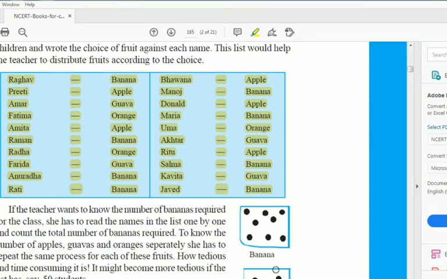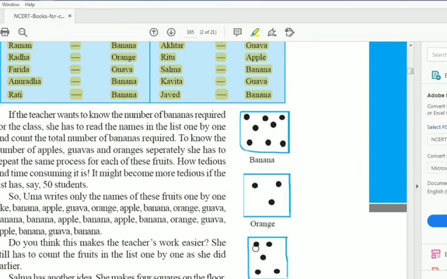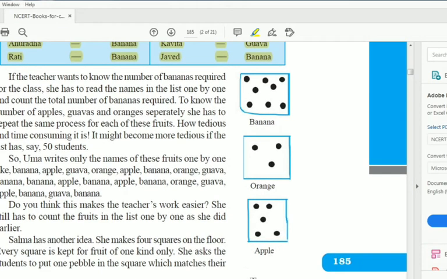So there are 8. 1, 2, 3, 4, 5, 6, 7, 8. So in the box you can see these 8 students like banana. Similarly, you can see 3 students like oranges, and 1, 2, 3, 4, 5, 5 students like apple.